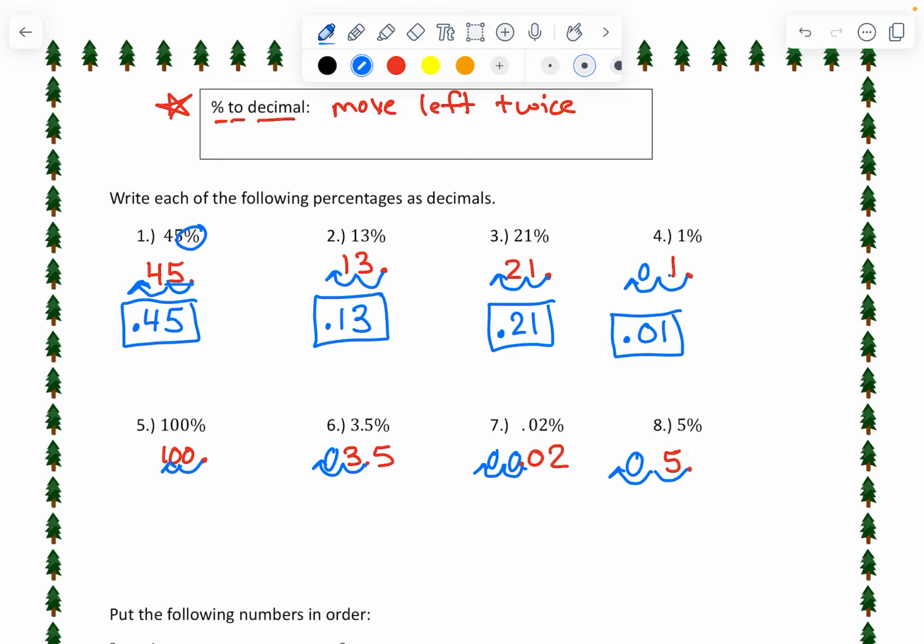All right, you go ahead and try the bottom row. I'll put the answers up in 1 sec. All right, you give it a shot.